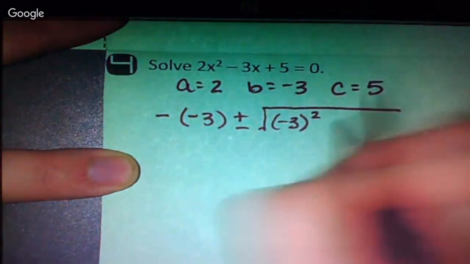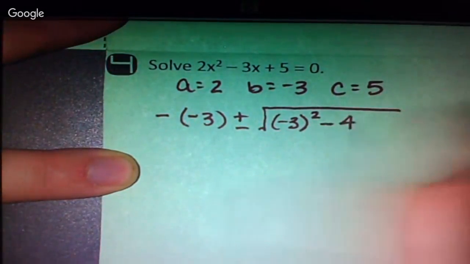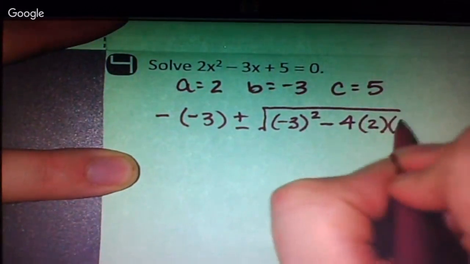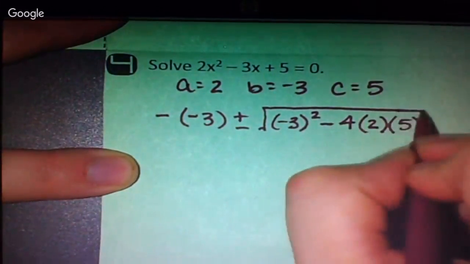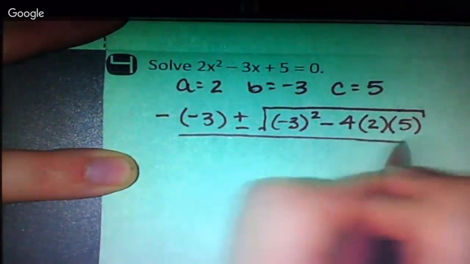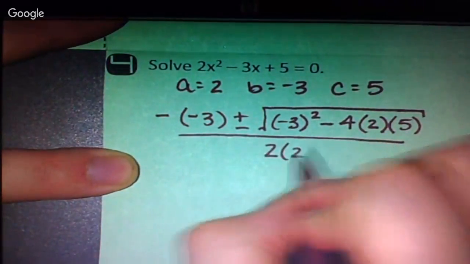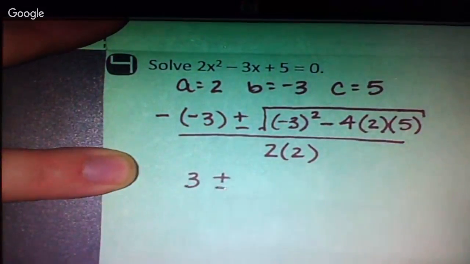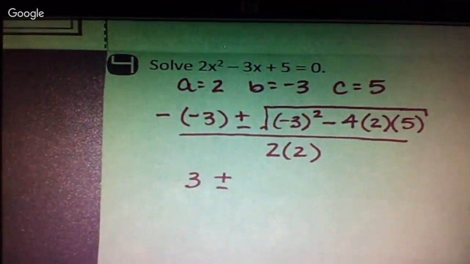Negative 3 squared, good, minus 4 times 2 times 5, all over 2 times 2. Okay, so it's going to be all over 4. And that negative out front becomes a positive.